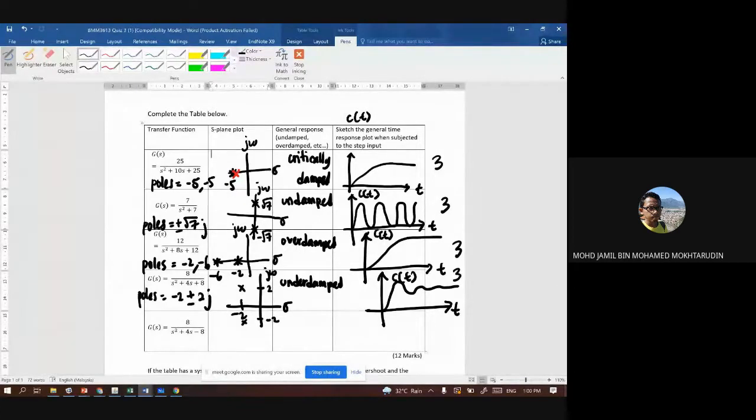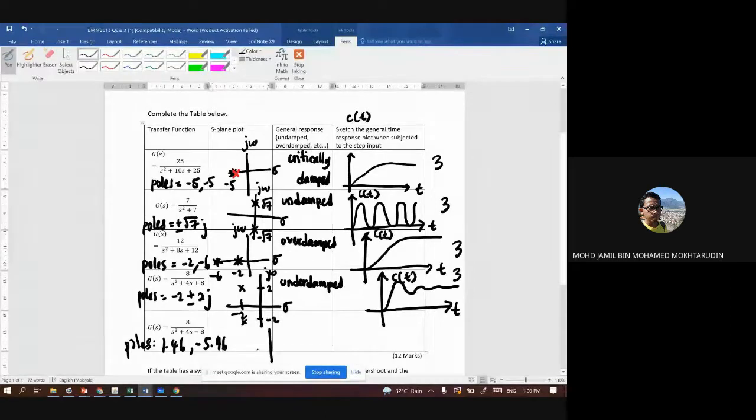So the last one, find the poles. You get poles equals 1.46 and -5.46.